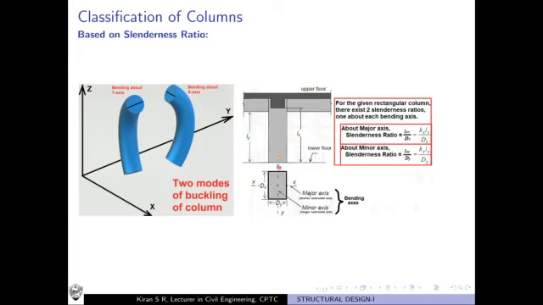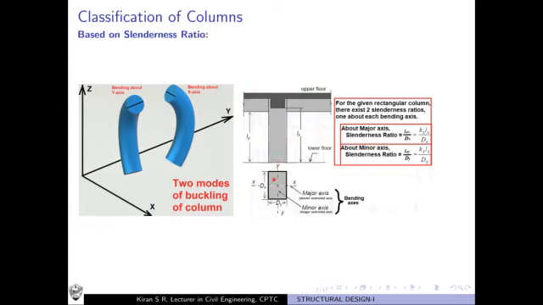So automatically the other axis will also be parallel to the other edge. Just as we have defined that buckling of a column occurs about the x-axis and y-axis, this being a rectangular cross-section shape, it can also buckle about the x-axis as well as the y-axis.